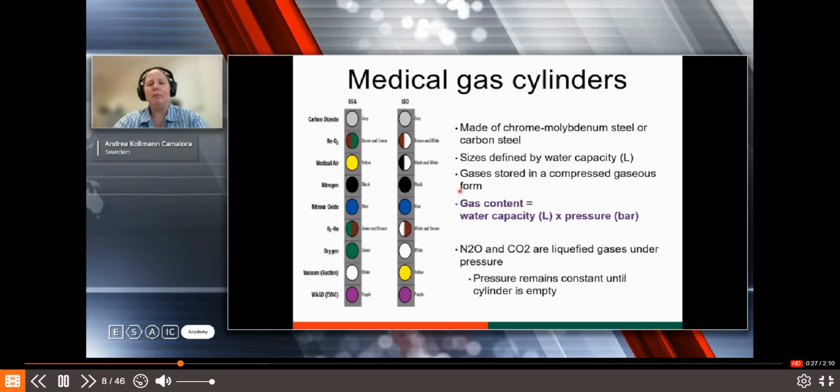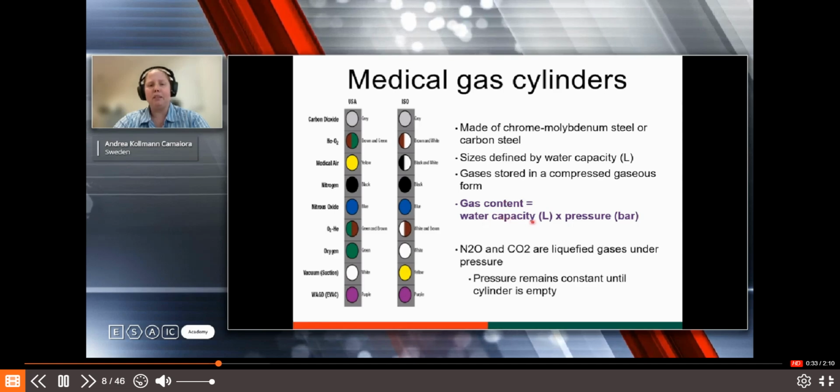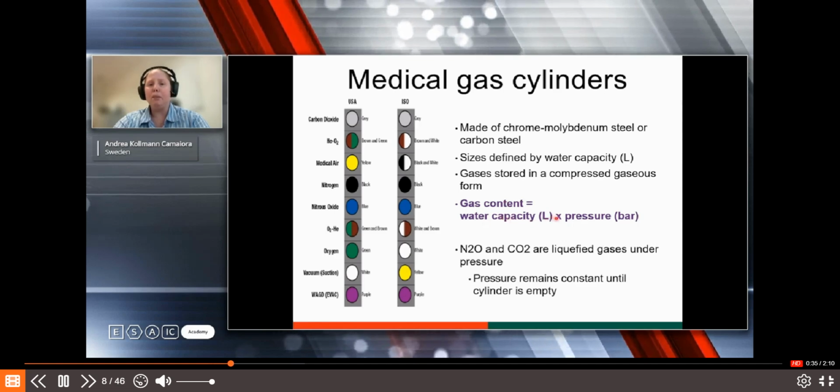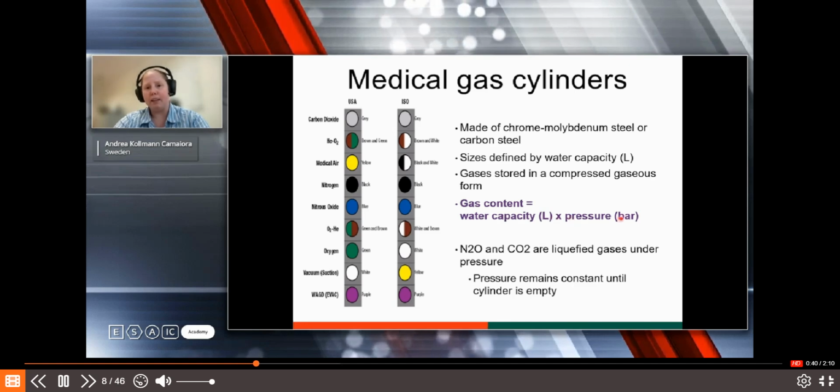But the most important part of this slide is this one, that the gas content is the water capacity in liters multiplied by the pressure in bar. 1 bar, 1 atmosphere.